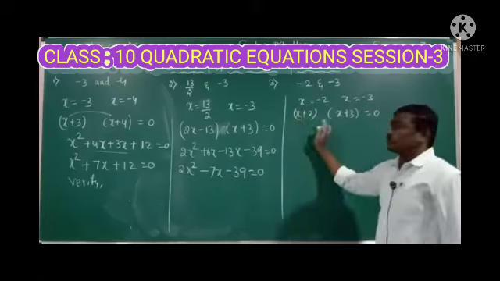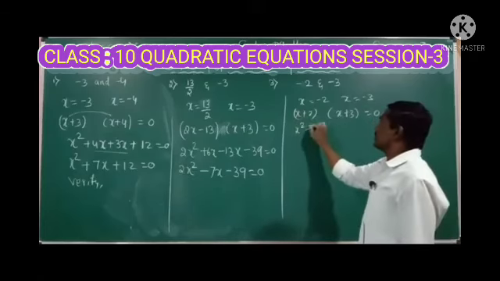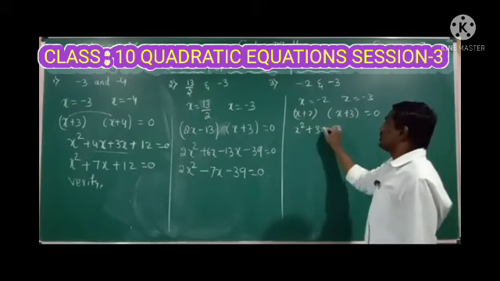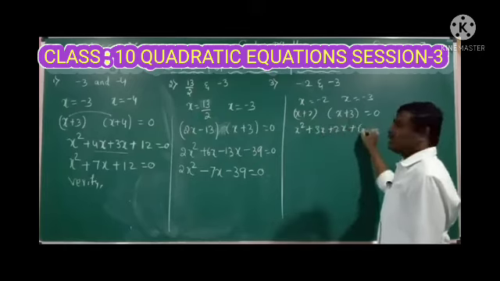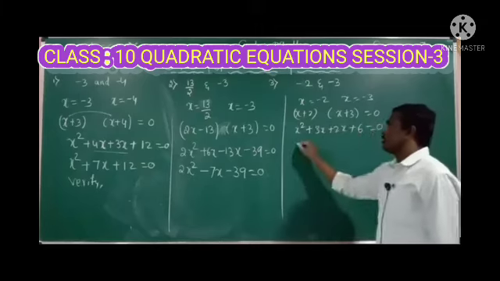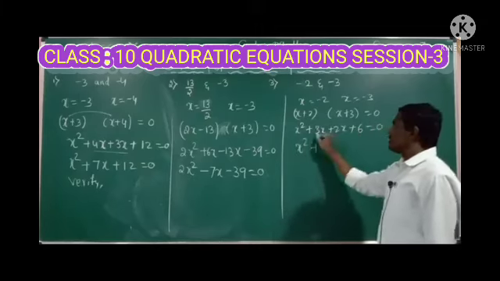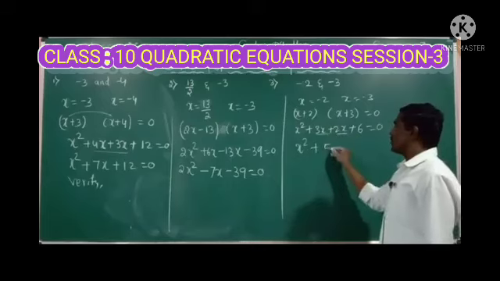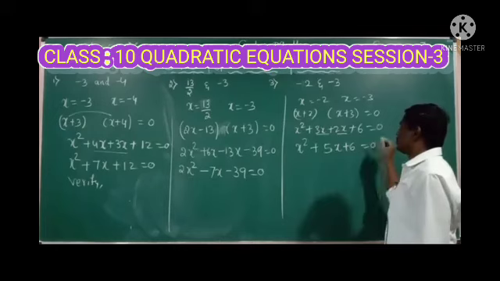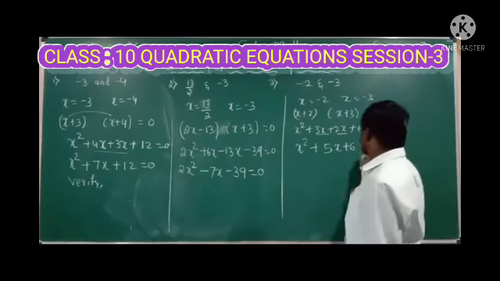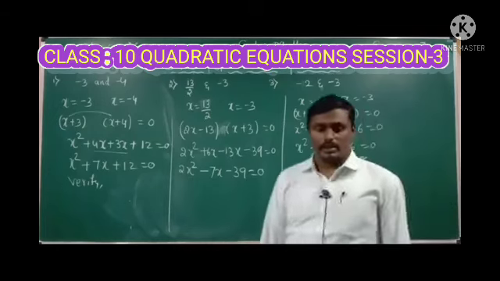Product of these two binomials: x into x, x square; x into 3, 3x; plus 2 into x, 2x; plus 2 into 3, 6, which is equal to 0. x square plus 3x plus 2x, 5x, plus 6 is equal to 0. So this is the required quadratic equation.